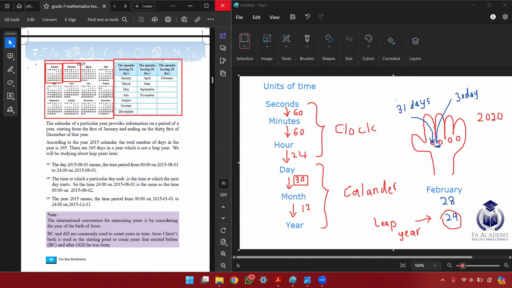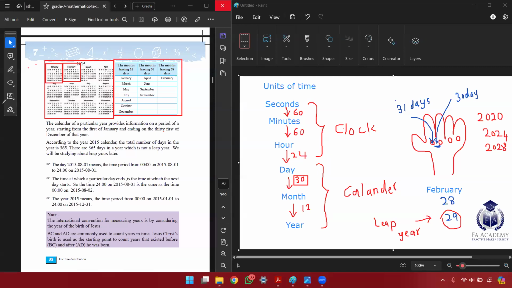You don't get remainders. That's a leap year. 2024, leap year. 2028 is a leap year. So what about 2006? Do you think that's a leap year? You can divide and try. Okay, so if you don't get remainders, then that's not a leap year.